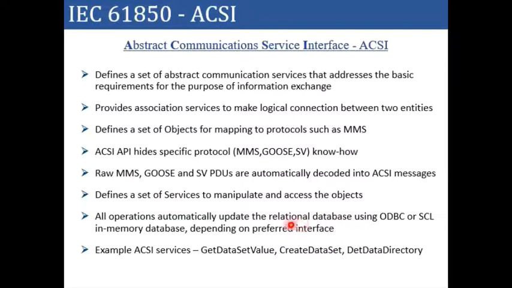So this will help in directly storing the data into the database using either ODBC connection or maybe the XML based SCL so that the information can be stored properly. The examples of ACSI services are like get dataset value, create dataset, get data directory. So get and set are the most common functions which are used in ACSI to extract the required data from the protocol.